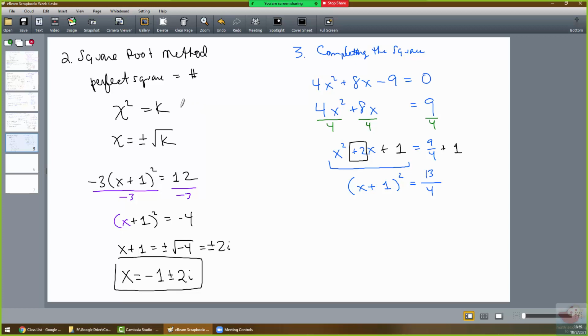Notice now we have the format of a perfect square equals a number. So because of that, we can now employ the square root method, which says take the square root of both sides. So we'll have x plus 1 equals plus or minus the square root of 13/4.